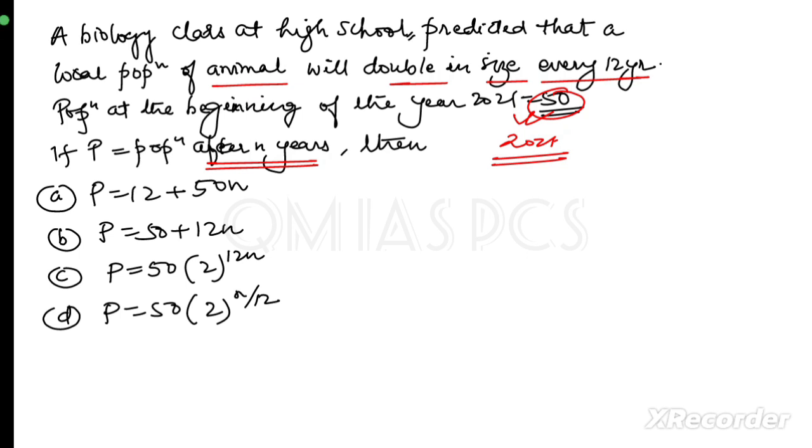Getting doubled means right now if the population is 50, then next the population will be 100. Okay, it is completely 100% increasing, so the rate will be 100%. Clear? The rate will be 100% because the population is getting doubled.